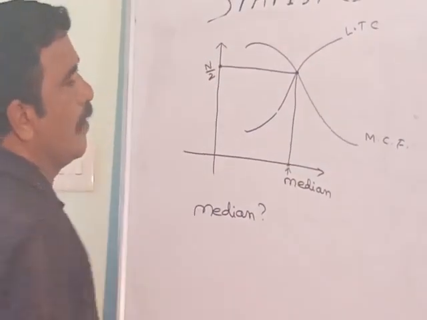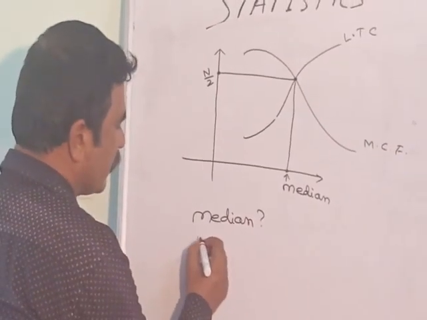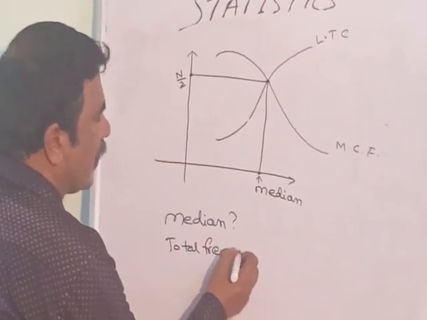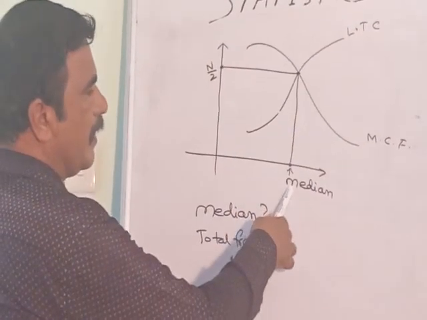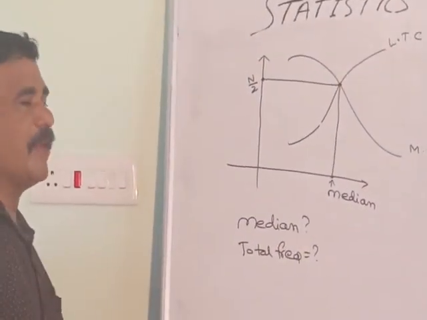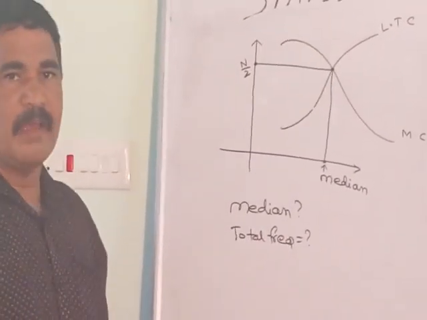Double it, you will get the full frequency. The median and total frequency can both be found from the two graphs.